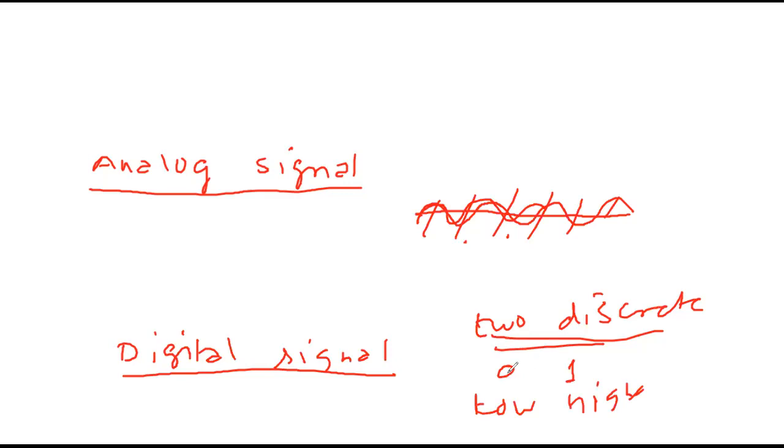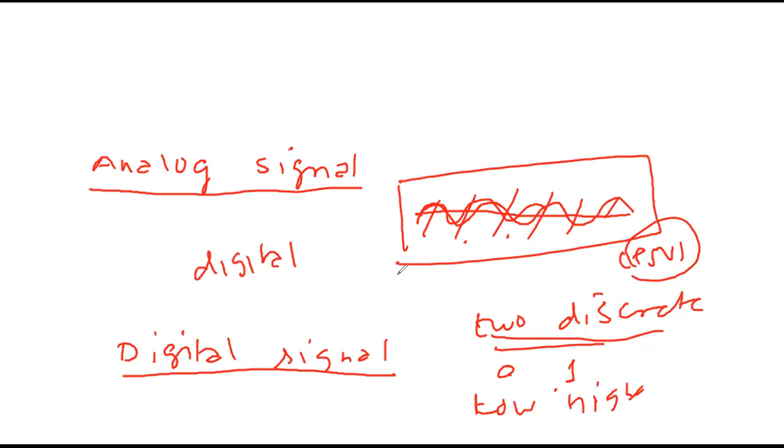Now low stands for 0, high we write as 1, but actually it is plus 5 volt. So all electronic circuits which work on digital signals are called digital electronic circuits. When we say digital electronics, we are not giving input like this. We give either high or low, not continuously increasing, decreasing. Right? Meaning of analog signal.